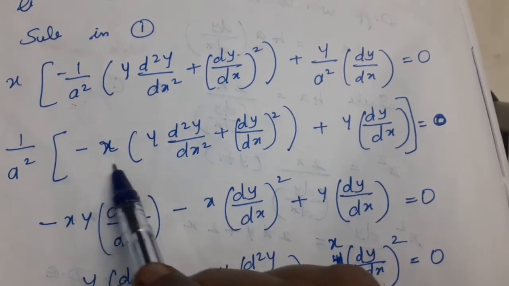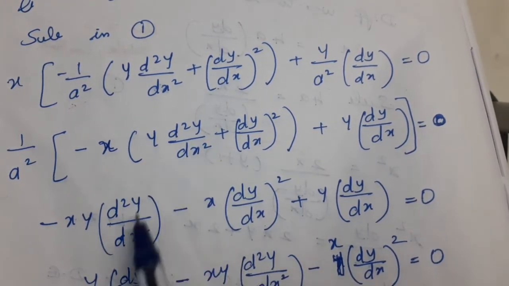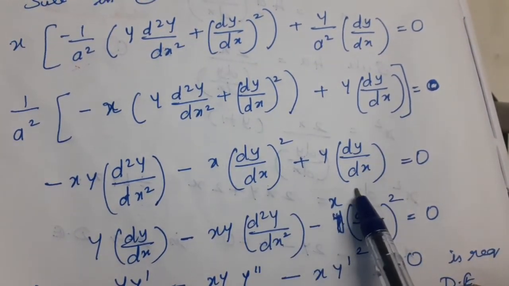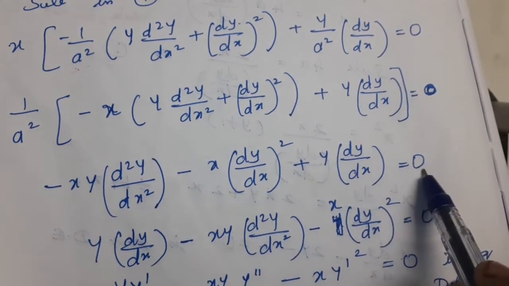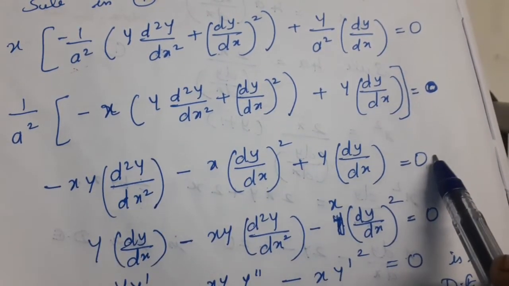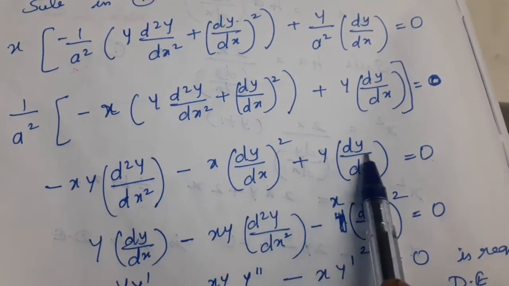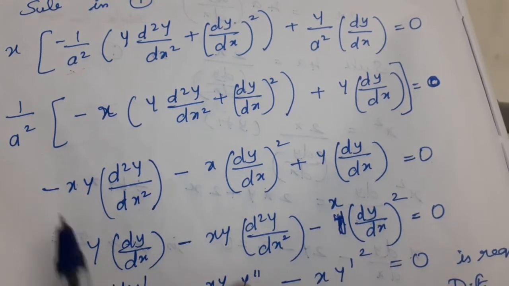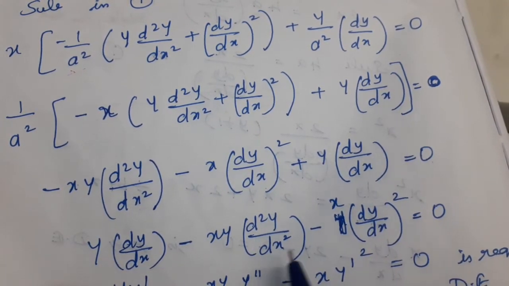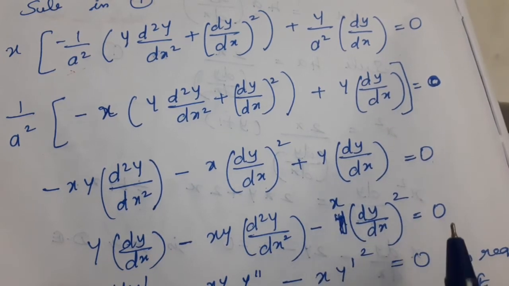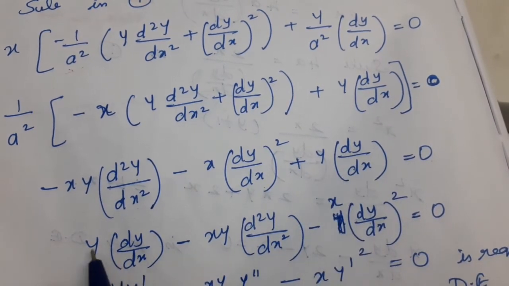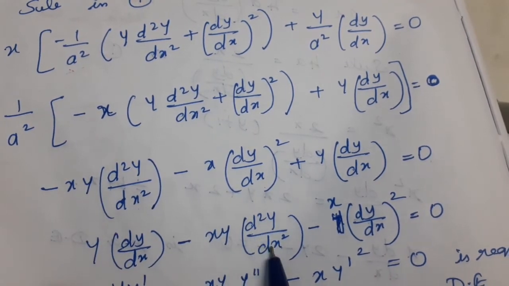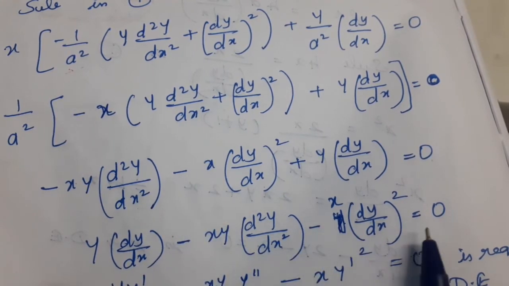Minus x multiplied into both the terms: minus xy d square y by dx square minus x into dy by dx the whole square plus y into dy by dx. This 1 by a square goes to the right-hand side, it becomes 0 into a square, which is 0. Keeping it in order: y into dy by dx minus xy into d square y by dx square minus x into dy by dx the whole square equal to 0.